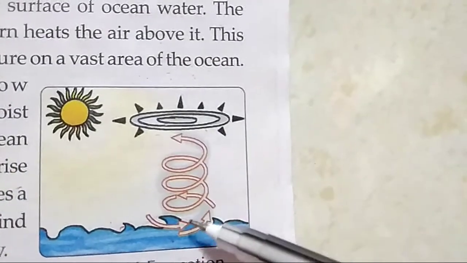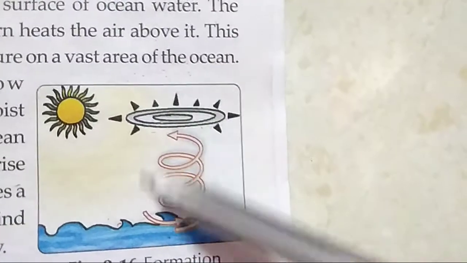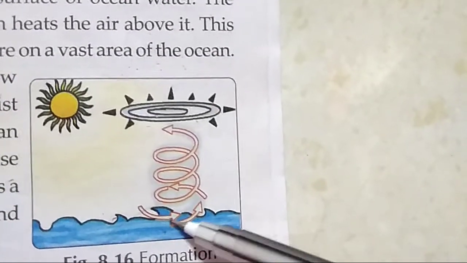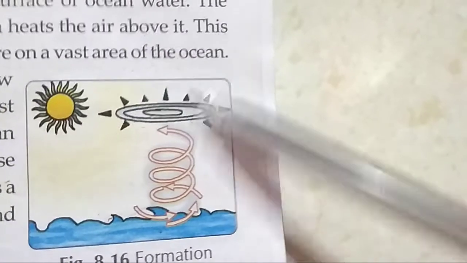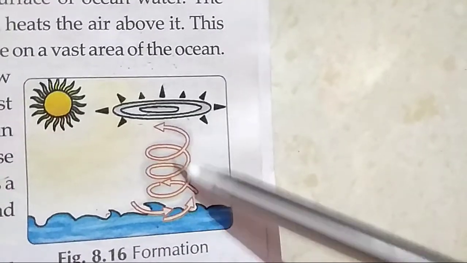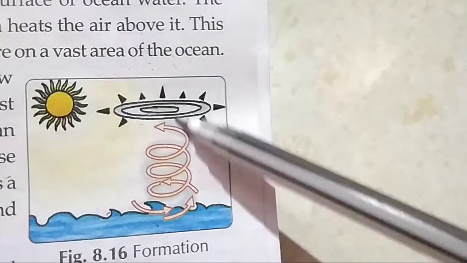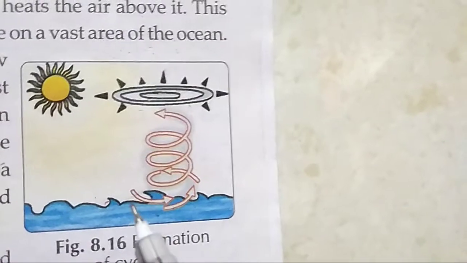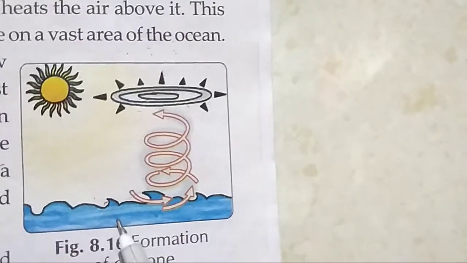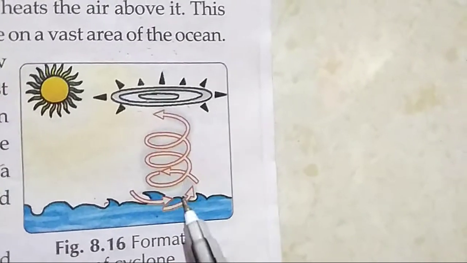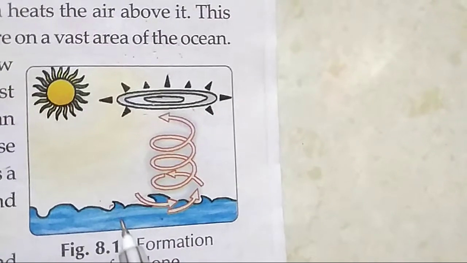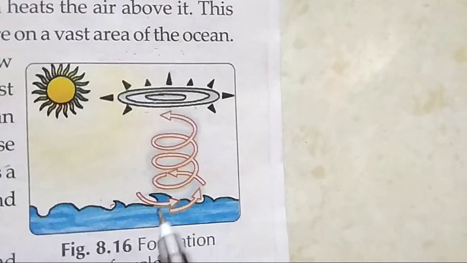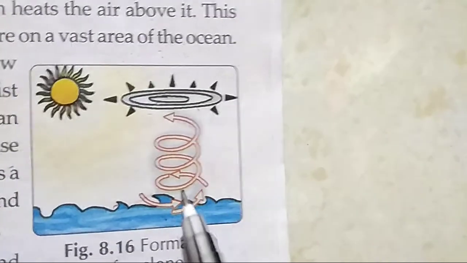So this cycle continues, and because of air rising high up in the atmosphere, this creates a low pressure in this area. So because of low pressure, more air rushes to this central area, more air from the sea level.